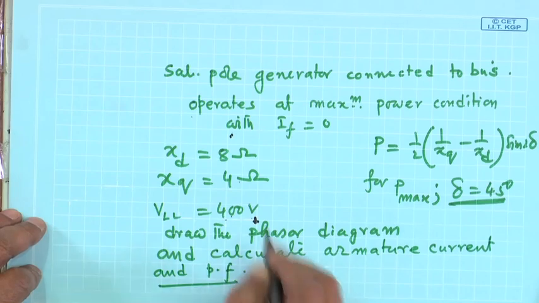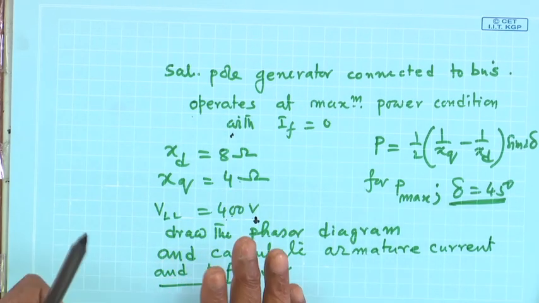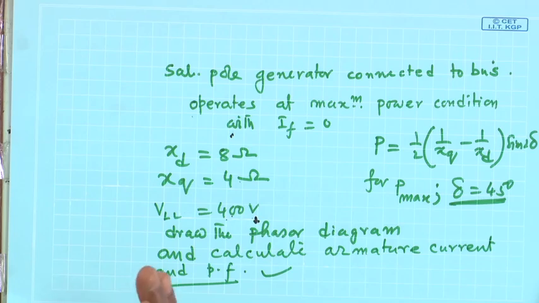This you try to solve by drawing the phasor diagram on your own, giving proper argument, that is the more important issue.